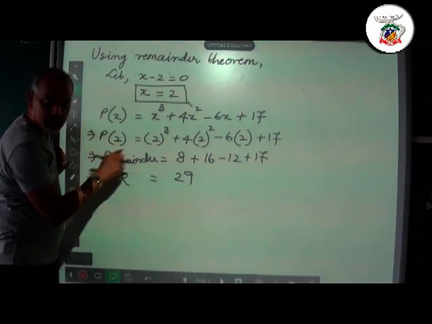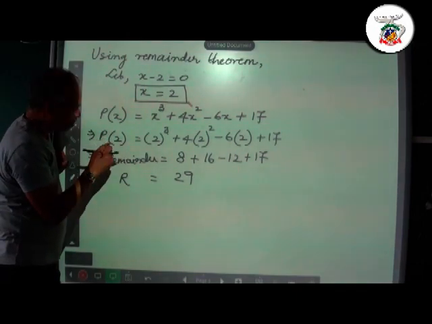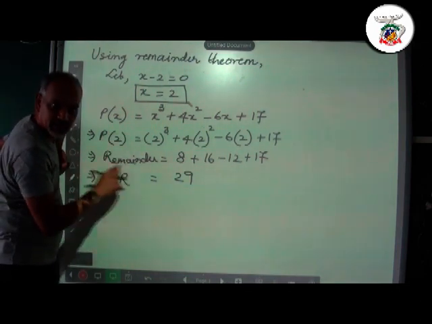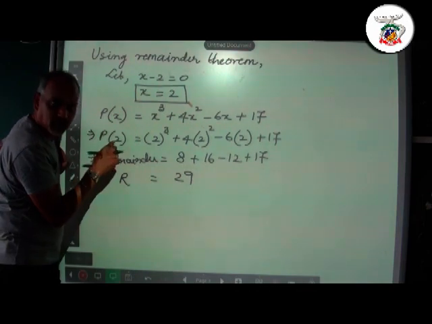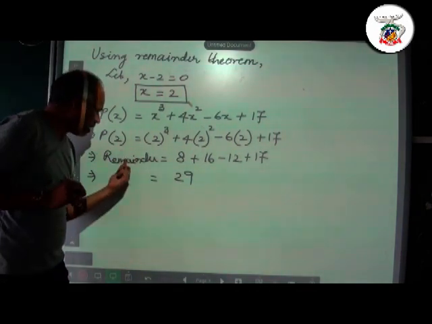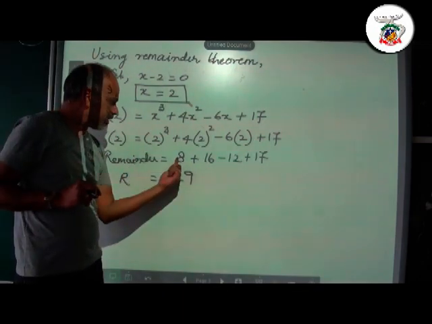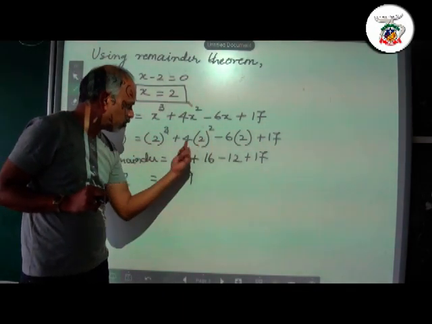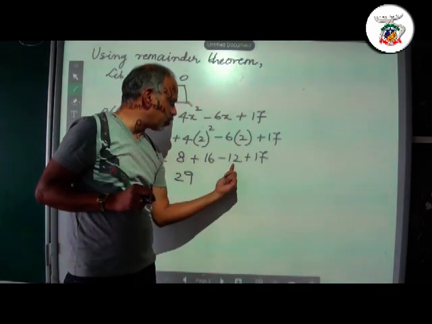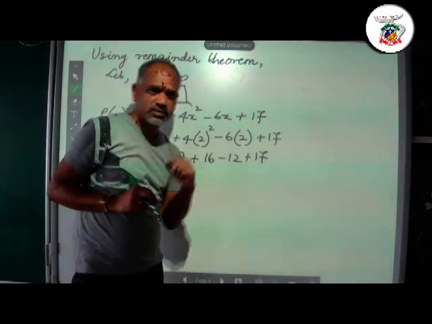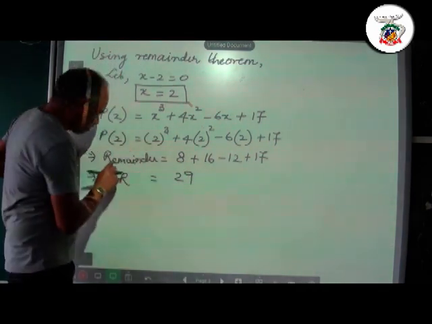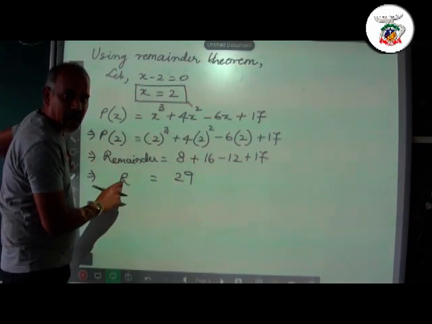When you are finding this value, p of 2 can also be written as the remainder. Instead of writing p of 2, you can write remainder. So the remainder is 2 cubed is 8, 2 squared is 4, 4 into 4 is 16, and then minus 6 into 2 is 12, plus 17. So you got only numbers, which have to be simplified. Instead of remainder, I have just written r.